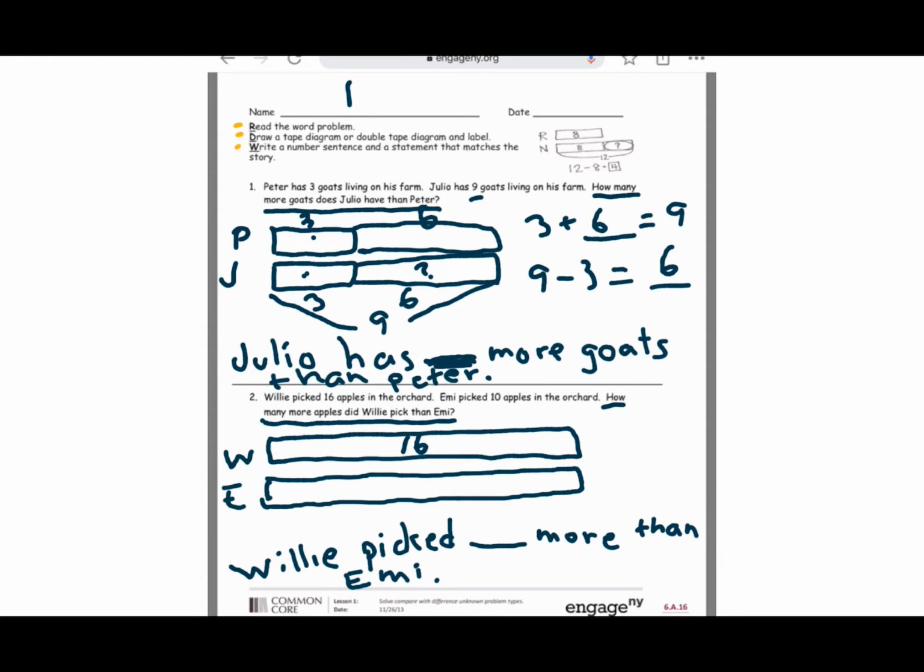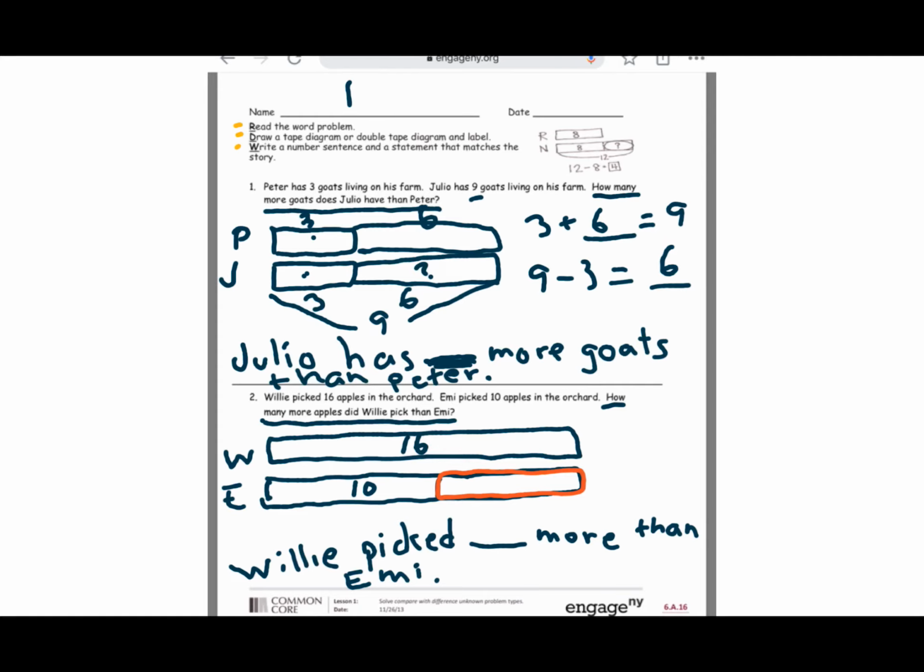And I also know that Emmy only picked 10. So I'm going to make a line right about here and put the number 10 in here. This is what I want to find out: how many more apples does Emmy need to get as many as Willie?